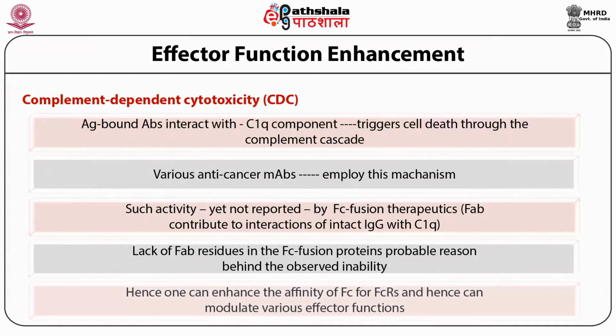So hence one can enhance the affinity of Fc for its receptors on various effector cells, and hence can modulate various effector functions. So this is what is called the enhancement of the effector function, where we are allowing the therapeutic molecules to increase their activity towards their receptors.